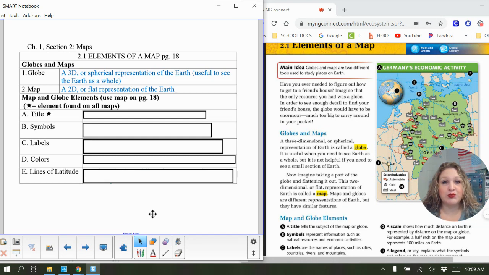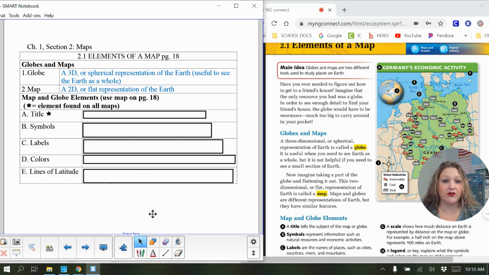Now we can get much more detailed on a map. We can have maps of virtually anything created, and we can zoom in as close as we want. And then also we can zoom out as much as we want to. So we could have a map of the world, which is not going to give us a lot of detail, but we can also zoom in on a particular area to get more detail.